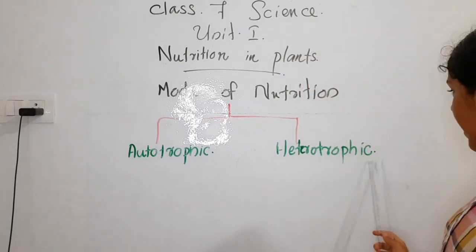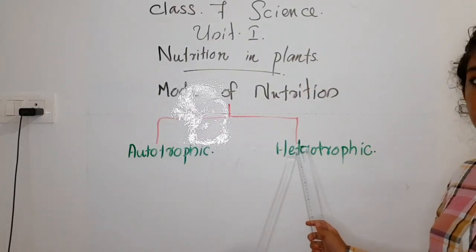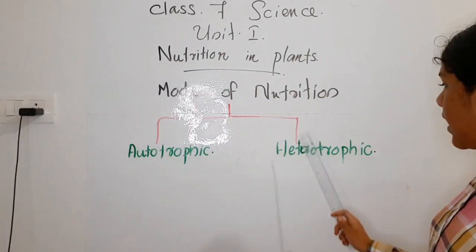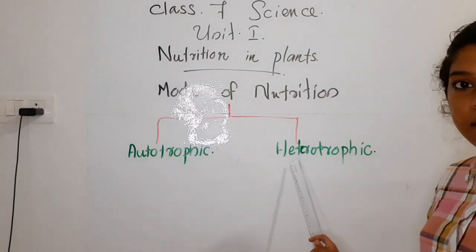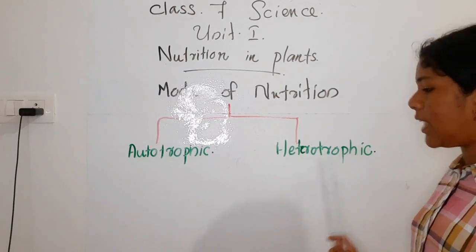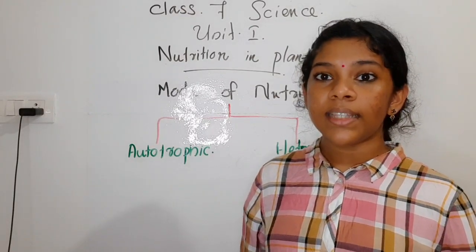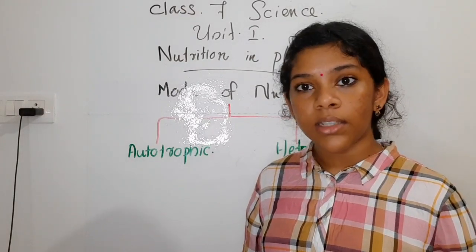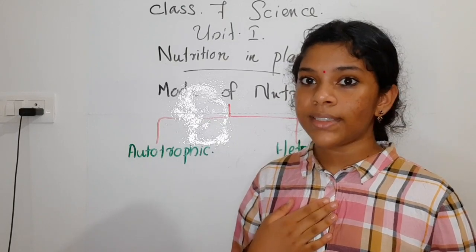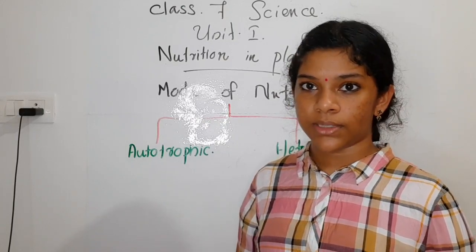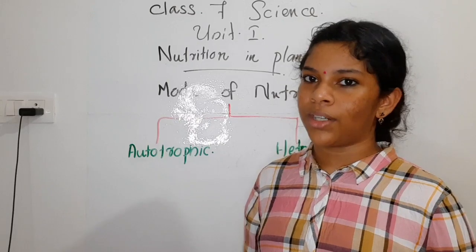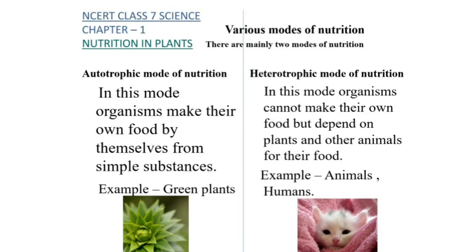Now let's look at heterotrophs. This word too can be split into two parts. Hetero here means other. So when the word is put together, it means organisms that get their nourishment from other organisms. Us humans and animals are heterotrophs. Let's understand a bit more clearly. In this table, we can see a comparison between autotrophic mode of nutrition and heterotrophic mode of nutrition.